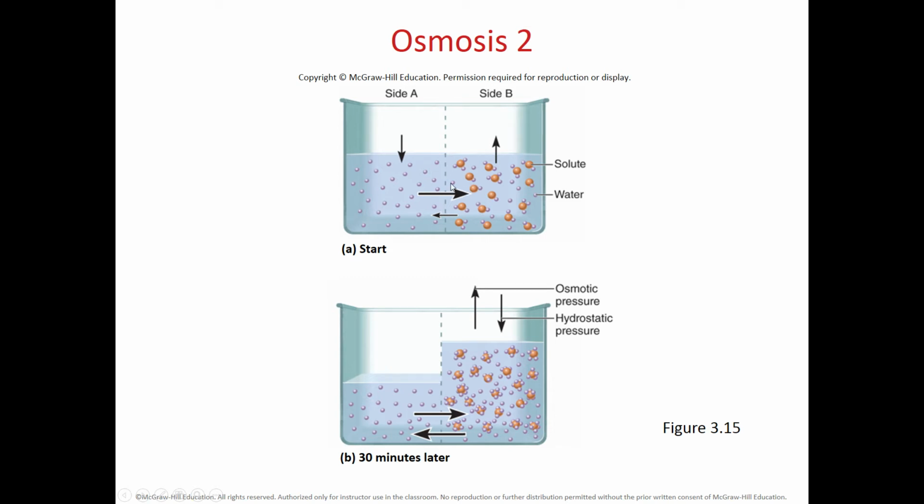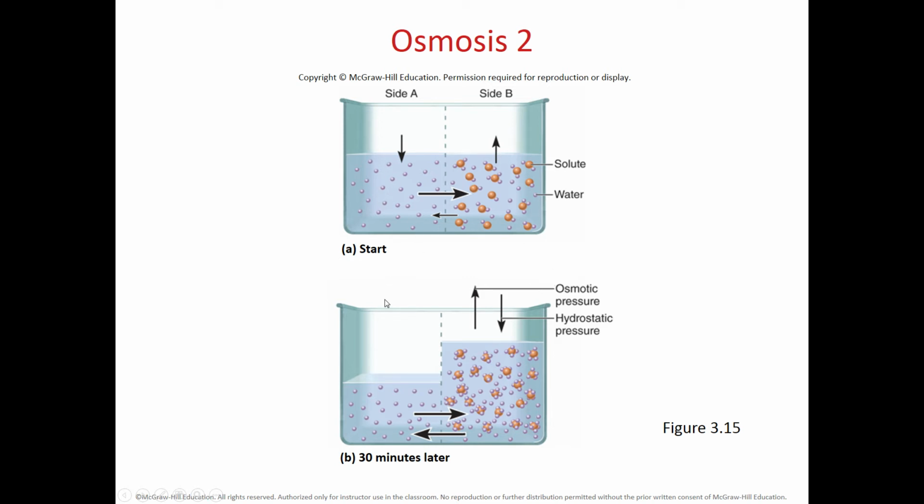You have this solute with these purple spheres that you can see, and then you have this big solute with this orange color. Because of this, water will tend to flow from site A to site B to decrease the osmolarity of site B, the concentration of solutes within site B.